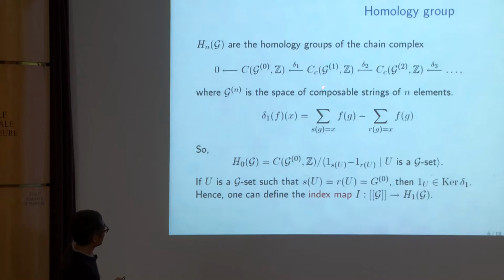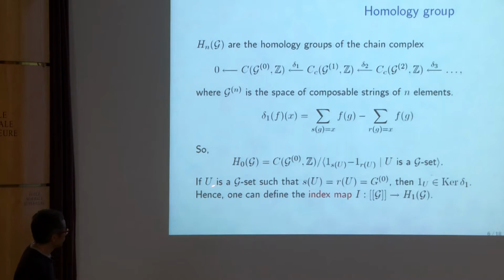And then what is H1? So H1 is the kernel of delta 1 modulo the image of delta 2, right? And what is the kernel of this delta 1? So if U is a G-set such that its source and range are both the unit space, then 1_U is clearly belonging to the kernel, right?